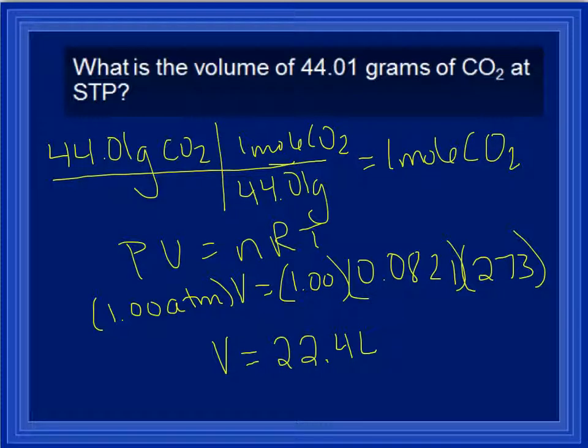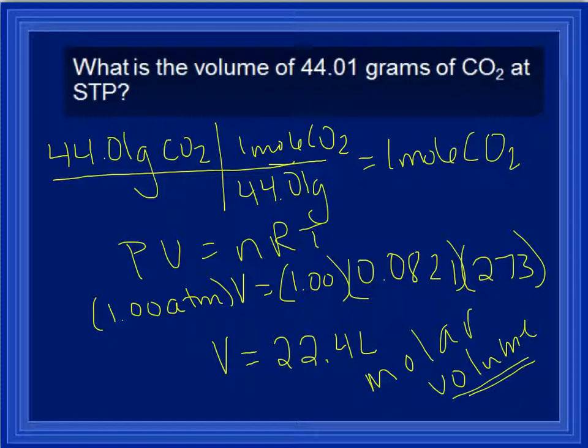Now this 22.4 liters is a very unique number that we want to talk about. It's called the molar volume. The reason it's called the molar volume is that 1 mole of any gas at STP will have a volume of 22.4 liters. For example, 2.02 grams of hydrogen, which is 1 mole of hydrogen, at STP would end up having the exact same numbers plugged into PV equals nRT.